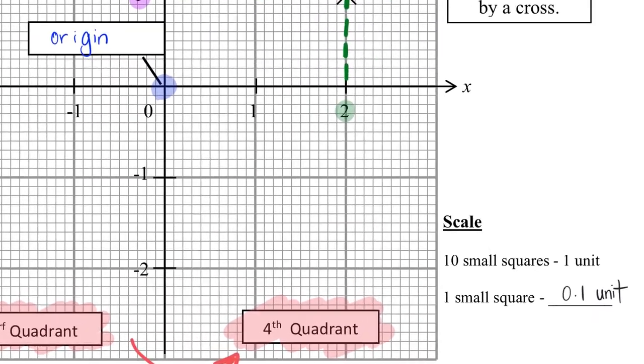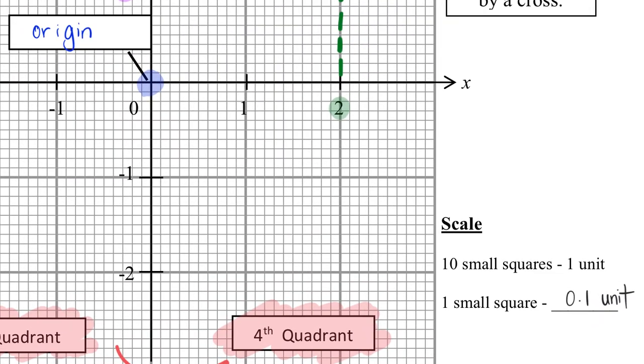This basically simply means that for every small box, we will have 0.1, 0.2, 0.3, 0.4, 0.5, 0.6, 0.7, 0.8, 0.9, 1, as I slowly move all the small squares up.